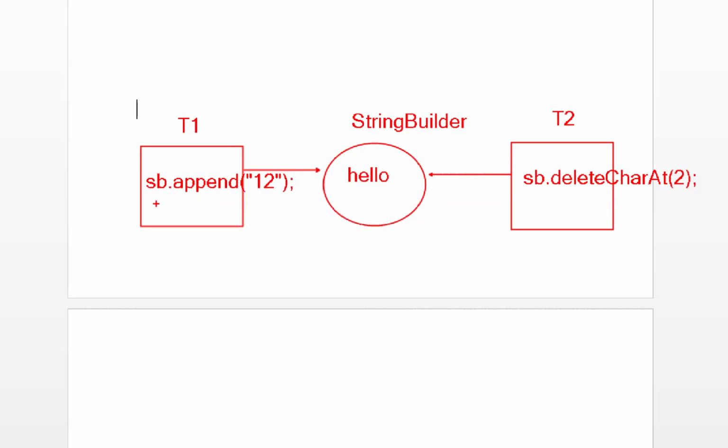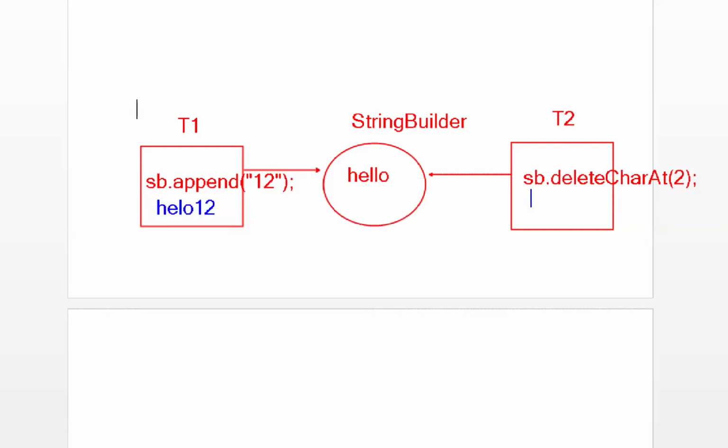But it may get HELO 1, 2. Did you get my point? What is thread 2 expecting after deleting the character at index 2? While calling the delete method, the value is hello, and it wants to delete the character at index 2, L. It expects HELO.